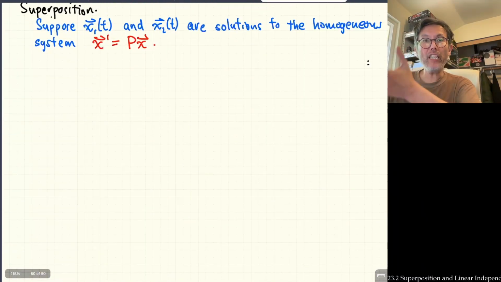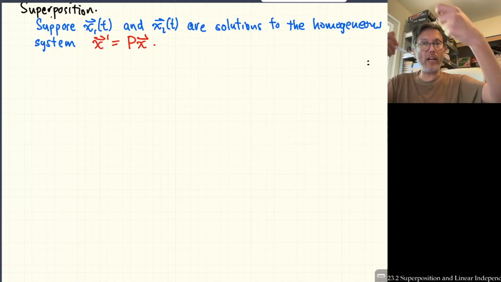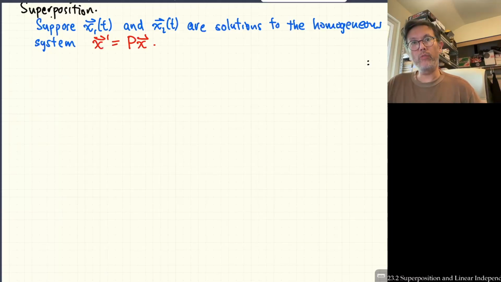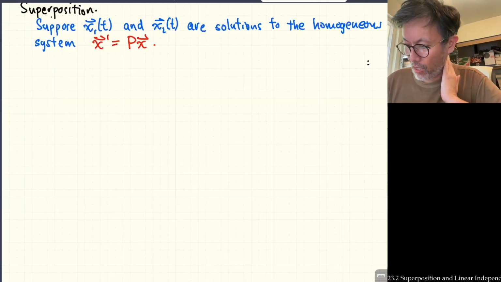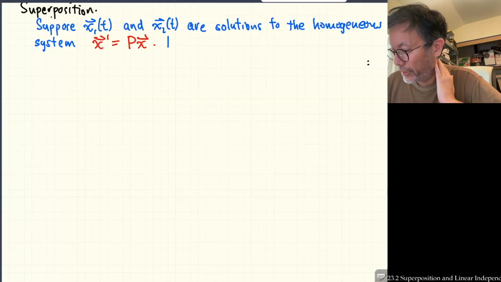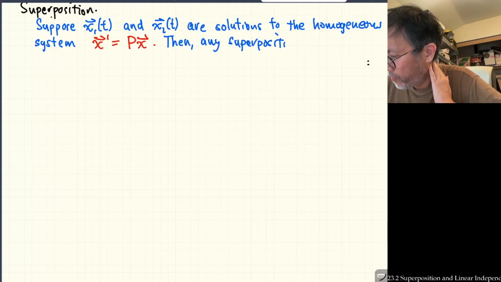So we have x1 and x2 are solutions, meaning that they satisfy this equation for x. When you plug x1 in for x, the derivative of x1 really is this matrix times x. Similarly for x2. Okay? Then, the punchline, any superposition of x1 and x2 is again a solution.